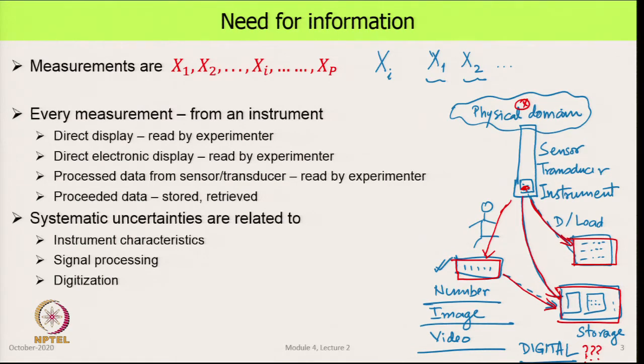And the question is, how do these types of operations influence the uncertainty in the value that we are looking at here? These become part of our uncertainty calculation, and so we need to have a good idea of what this system is doing in order to be able to go ahead and make the uncertainty analysis.